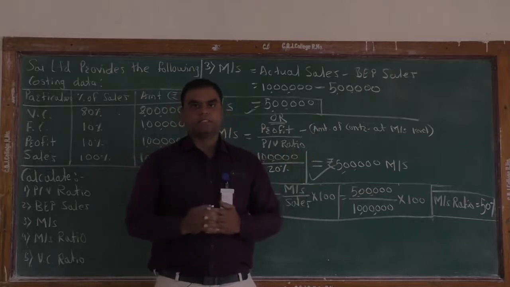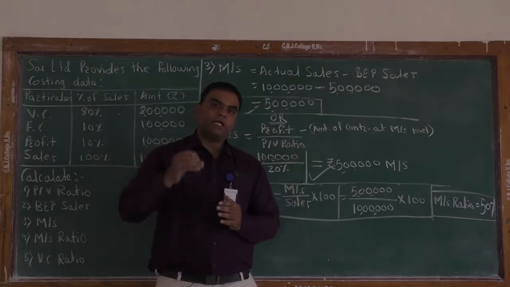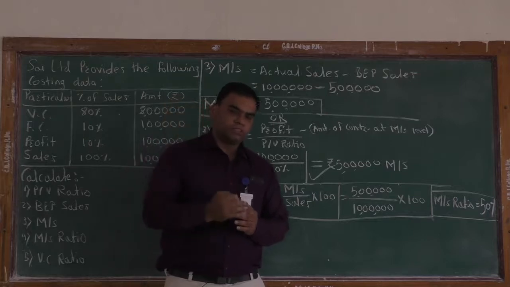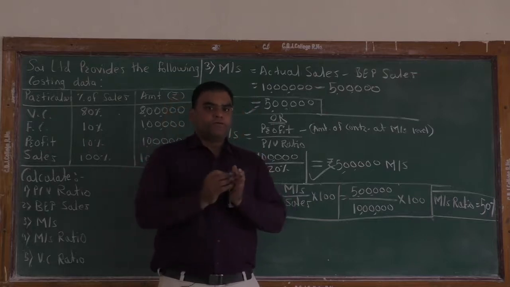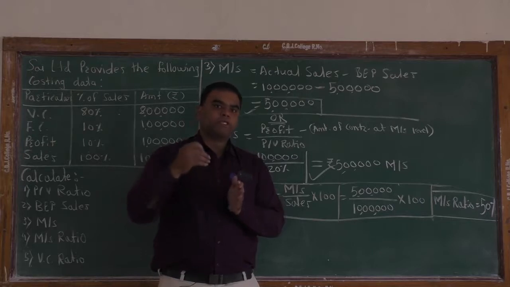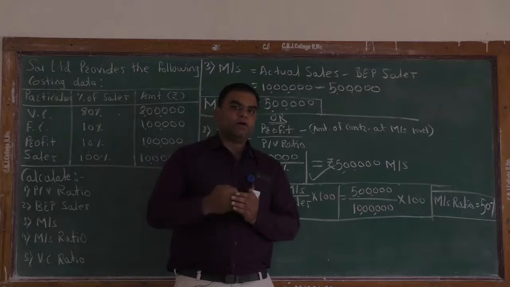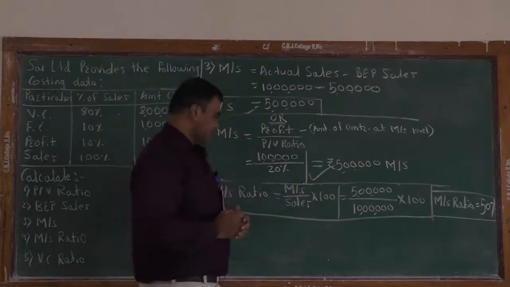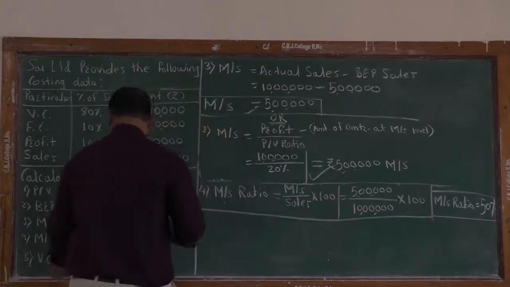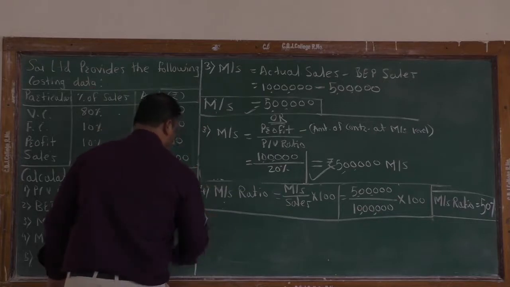And what does it tell us? It tells us the percentage of variable cost to sales. Suppose variable cost is rupees 8 and sales is rupees 10. It means that variable cost is 80% of sales. So we are now actually calculating variable cost ratio.